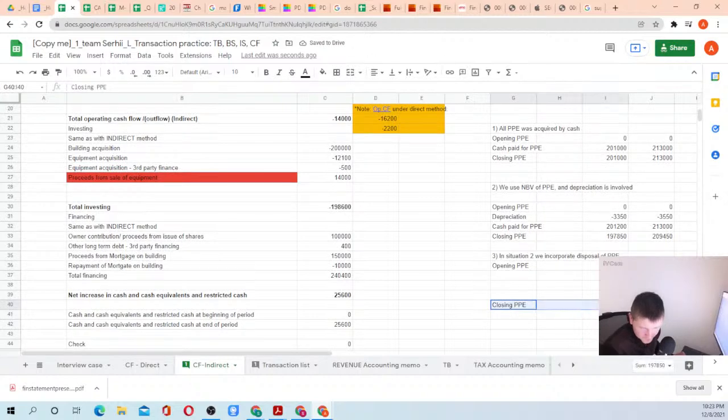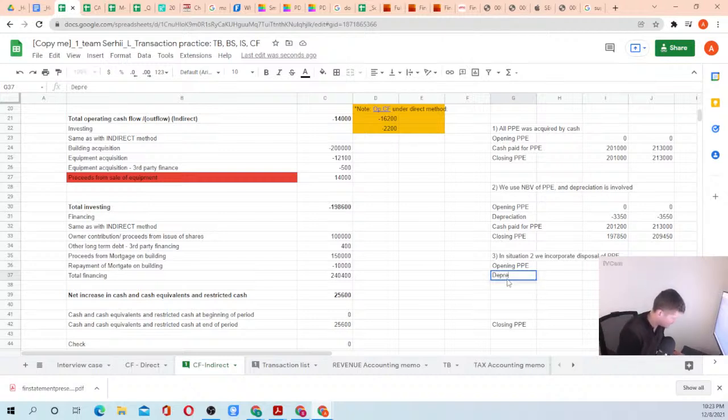Okay. So what movements do we know? What do we know about our movements? We know that we had depreciation, and that depreciation decreases our net book value.